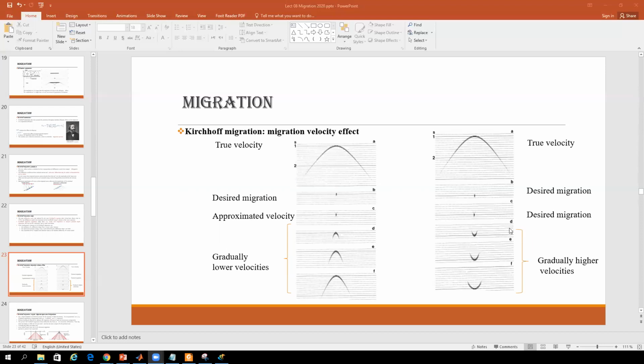So that's why doing a very good velocity analysis or migration velocity analysis to avoid this kind of distortions or artifacts is very important. And that's why the migration velocity analysis is so important, to ensure that the velocity is accurate and is doing the job.